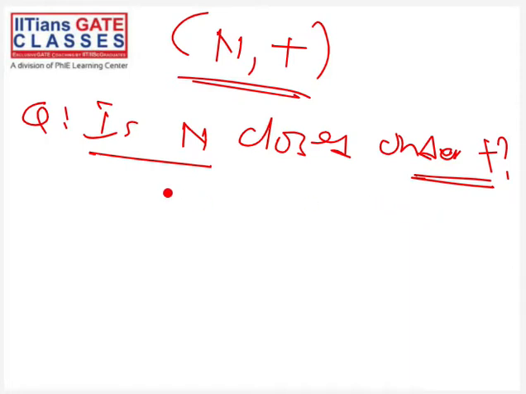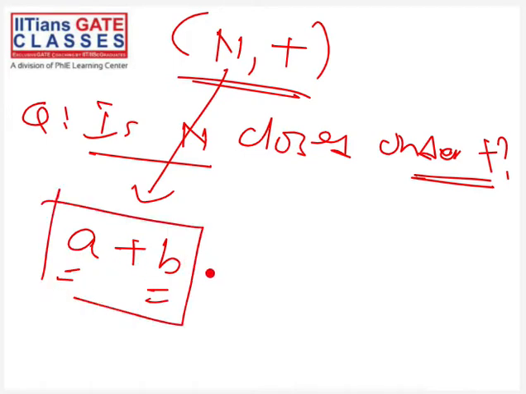Right. So yes, this is closed, because if you take any two elements from N, so this A belongs to N, this B belongs to N, if you add them, then of course your result will also be a natural number. For example, 0 plus 0 can become 0.